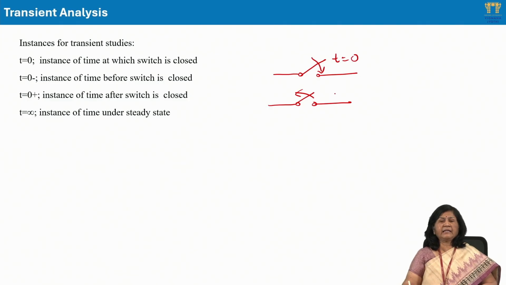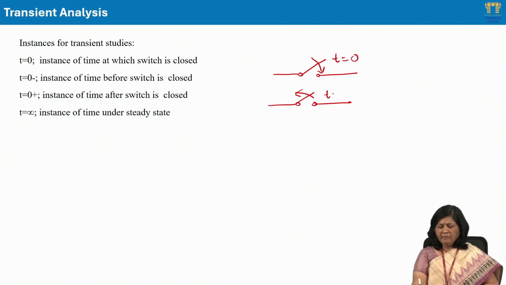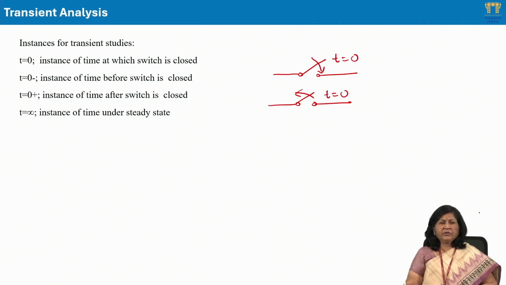So any change in the circuit can be mentioned with switches. T equal to 0 is the instant of switching. T equal to 0 minus indicates the circuit before the switch is closed. T equal to 0 plus indicates the instant of time after the switch is closed.